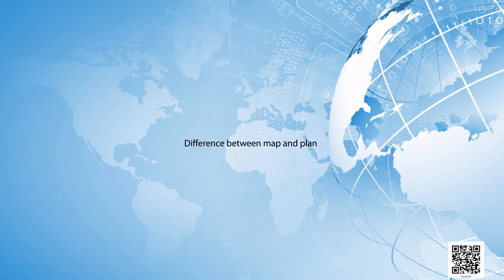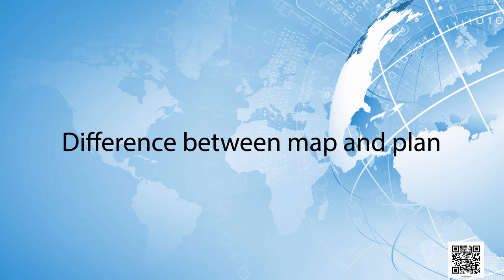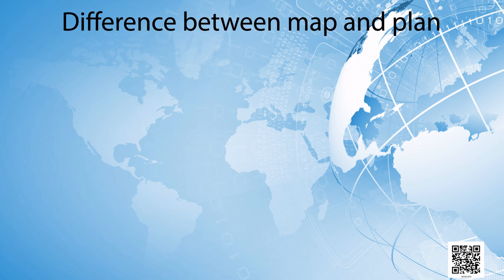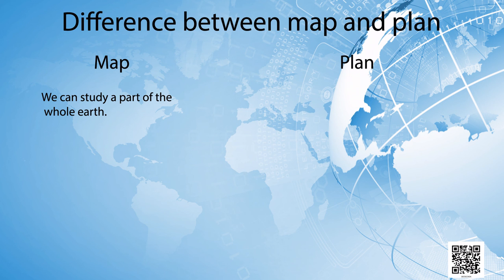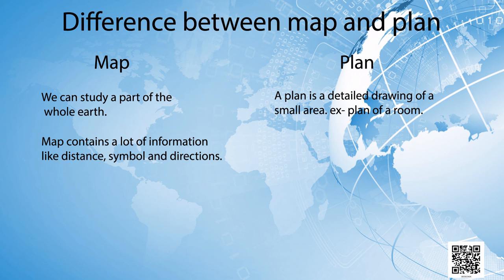So students, here we discuss the difference between map and plan. With a map, we can study a part or the whole earth. A plan is a detailed drawing of a small area, for example, a plan of a room. A map contains a lot of information like distance, symbols and directions.